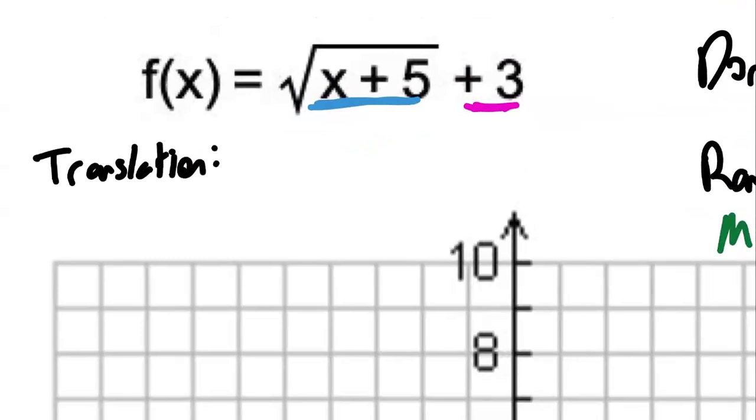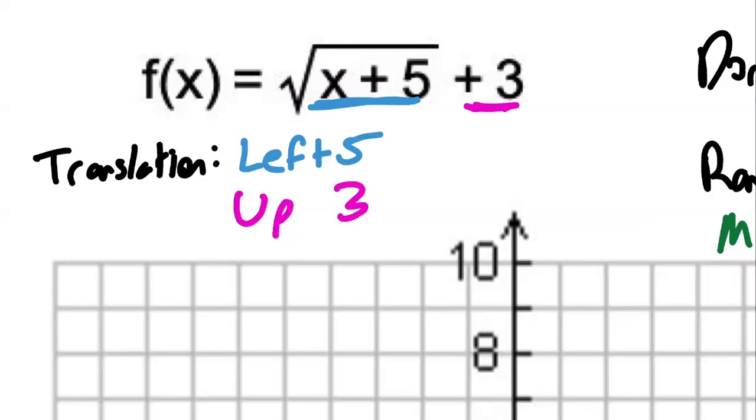The x plus 5 in the radical means I'm going to go to the left 5, and then that plus 3 means I'm going to go up 3. Inside the radical, you have to do the opposite because it's plus 5, you're going to go to the left. Usually students get confused that since it's positive, you go to the right. It's incorrect. It's kind of in reverse order. So x plus 5 really means to the left 5.